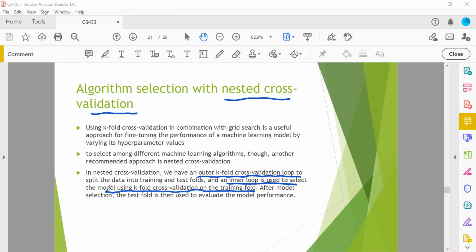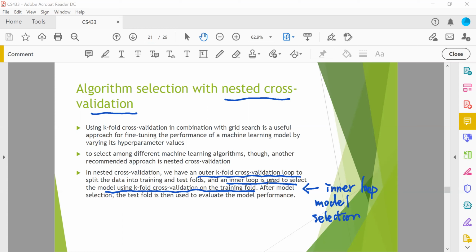Okay, on the training fold, be careful. Because this is nested cross-validation, the inner loop will help you do model selection.